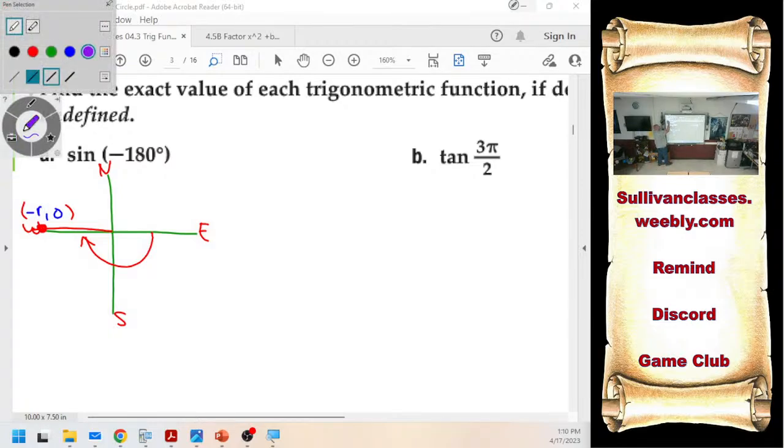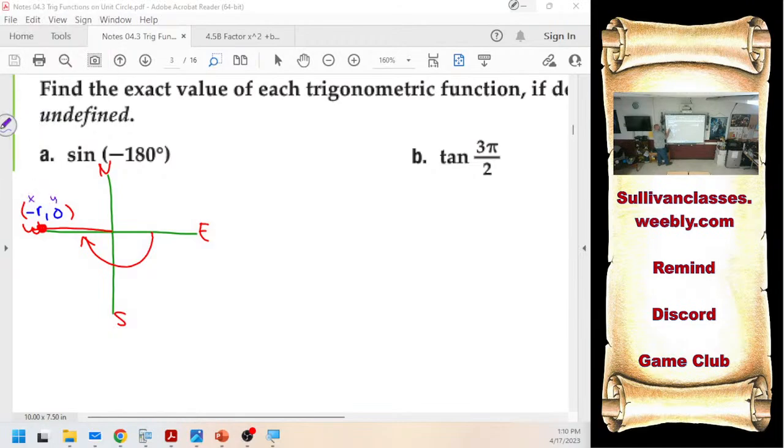If I were to label those, this is x, this is y, r is r, because the distance from here to here is r. Radius is radius. Math is math. Okay?